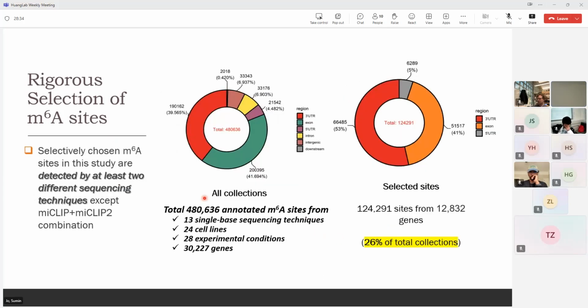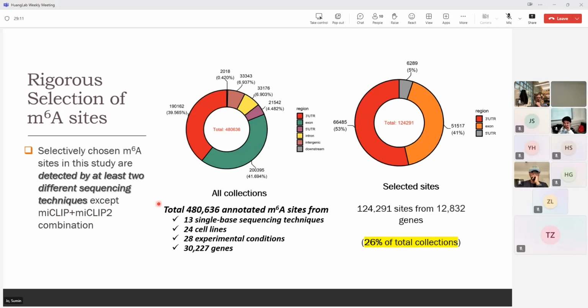So what we did is, we first collected the entire reported single base m6A sites in public, and then we required a site to be detected by at least 2 different sequencing technologies, except the miCLIP or miCLIP2 combination, because these 2 technologies are known to have high false positivity. So if a site is only reported by miCLIP or miCLIP2, then that site is not a high confidence site.